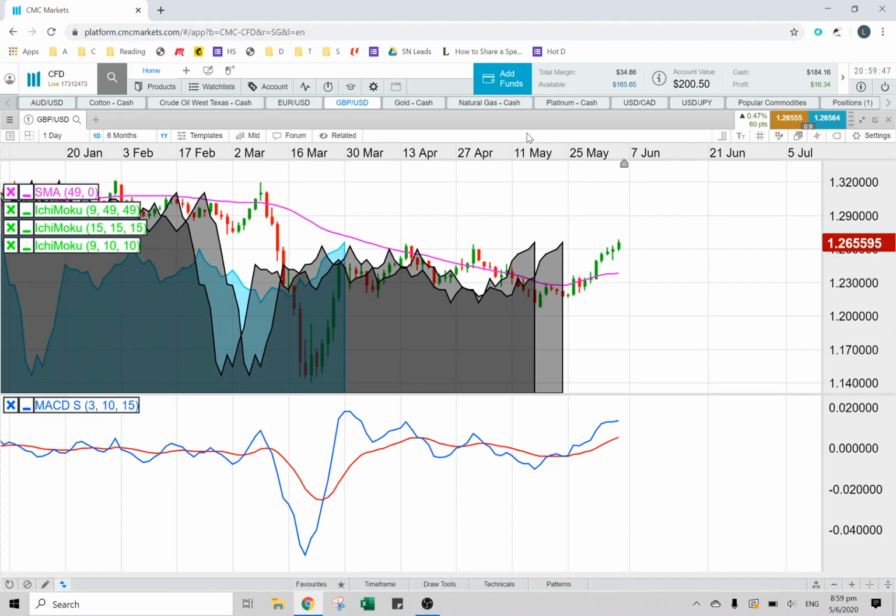Pound dollar, let's see. Pound pink line is flat, and although it has been going up, red line up, blue line is a little flat-ish, so kind of due for a retracement, especially for the blue line.